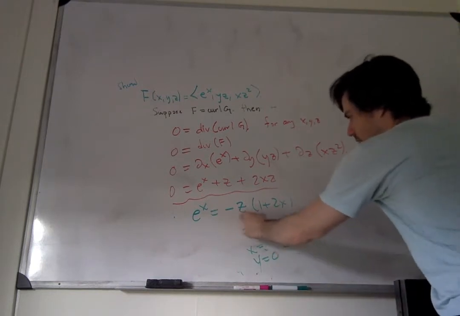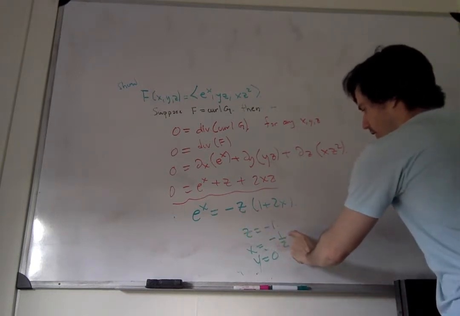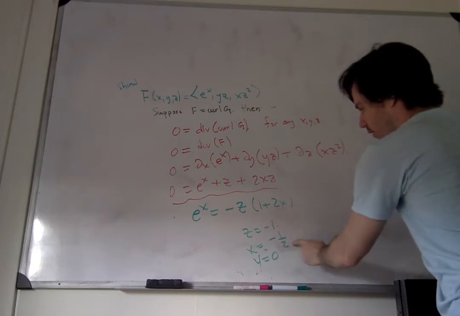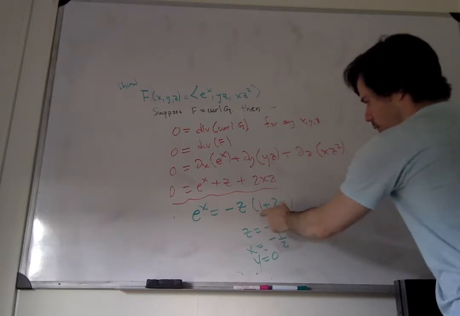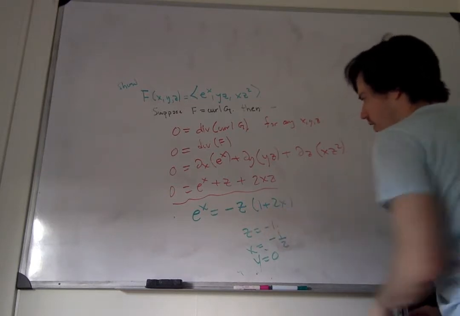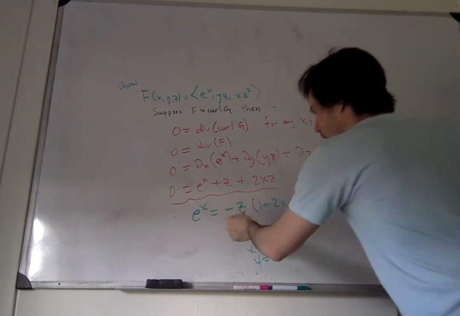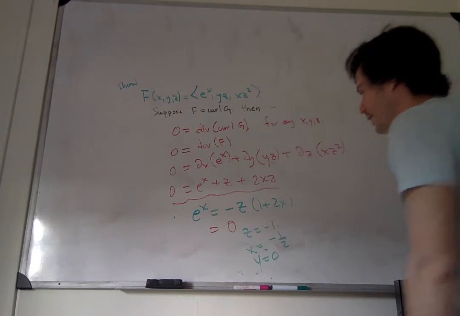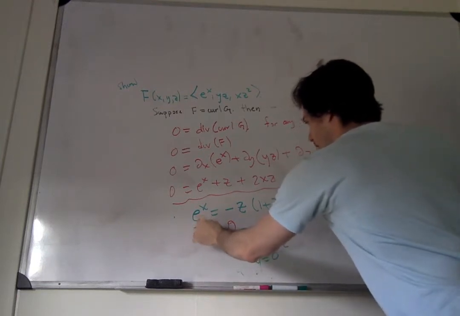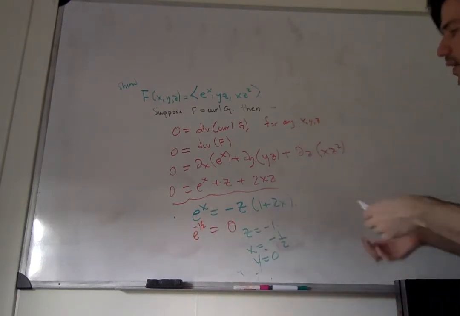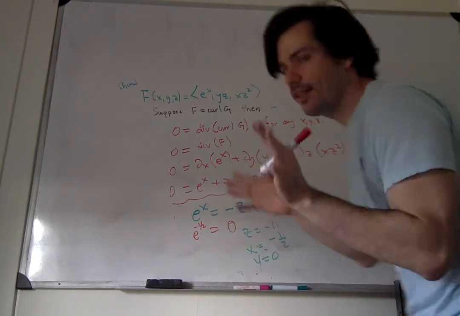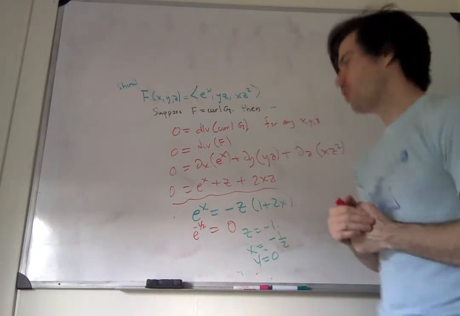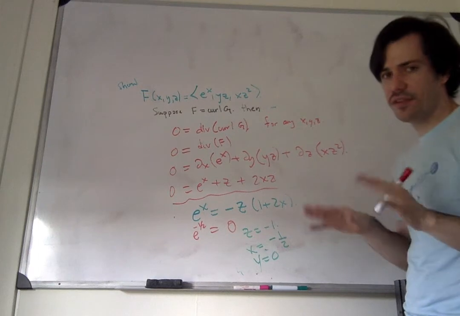So the minuses cancel, but when you plug in 2 times -1/2, you get -1, and 1 minus 1 is 0, so the right-hand side is equal to 0, but the left-hand side is e to the -1/2, sorry. So the point is that this is clearly false.